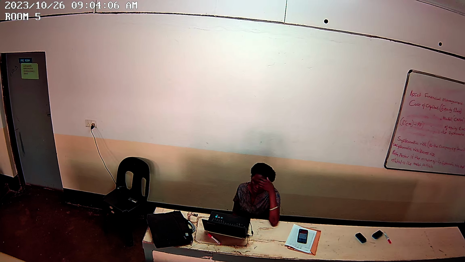Again, we are just continuing the same presentation on cost of capital. We are now supposed to look into the cost of debt, because when we're talking about cost of capital, we're talking about debt and equity.